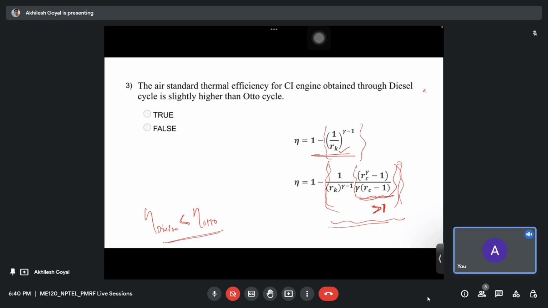So here, the air standard thermal efficiency for CI engines obtained through diesel cycle is slightly higher than the Otto cycle. No, this is not higher than the Otto cycle, for the same compression ratio.